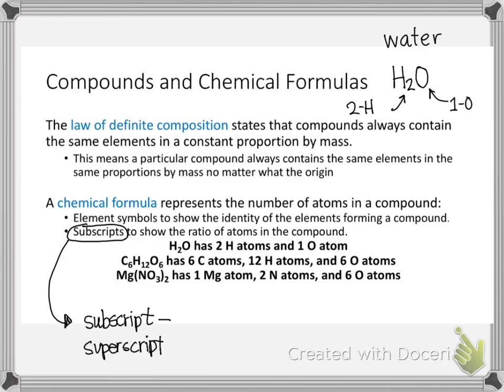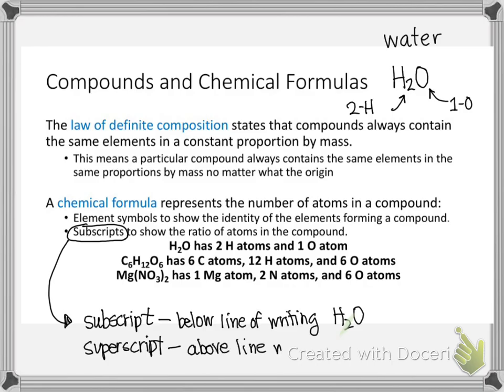When I say subscript, this just means that it's written below the line of the writing. So for example, in H2O, the 2 is written as a subscript, okay? There's also superscripts, and this would be things that are written above the line of the writing.